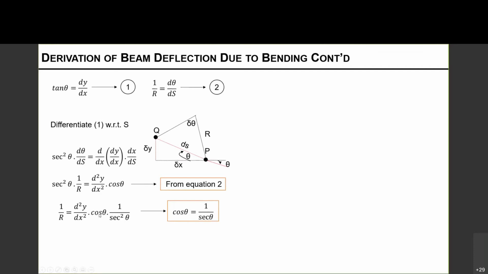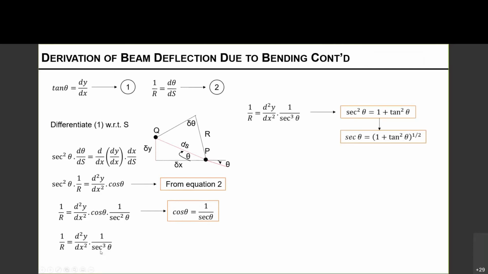Then I will use that formulation in here, and then I will get 1 over r equals d squared y over dx squared times 1 over sec to the power 3 theta. Okay, right. So I have the same equation here. Okay, so I'll start from this point.